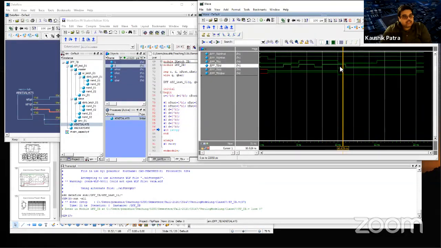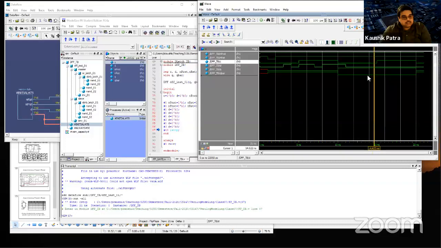So this is a falling edge triggered flip-flop, where only at the falling edge of the clock, whatever the D value at that time, Q follows that. Otherwise, it does not follow that value at all. It retains the other value.